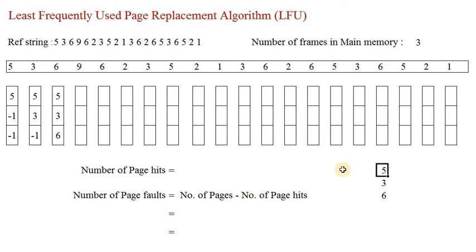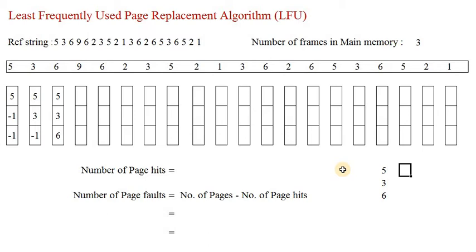In the first iteration, 5 has been inserted, right? So what is the degree of 5? Degree means whenever any page is inserted in the main memory, its degree will be incremented by 1. Initially all the pages will have degree 0.